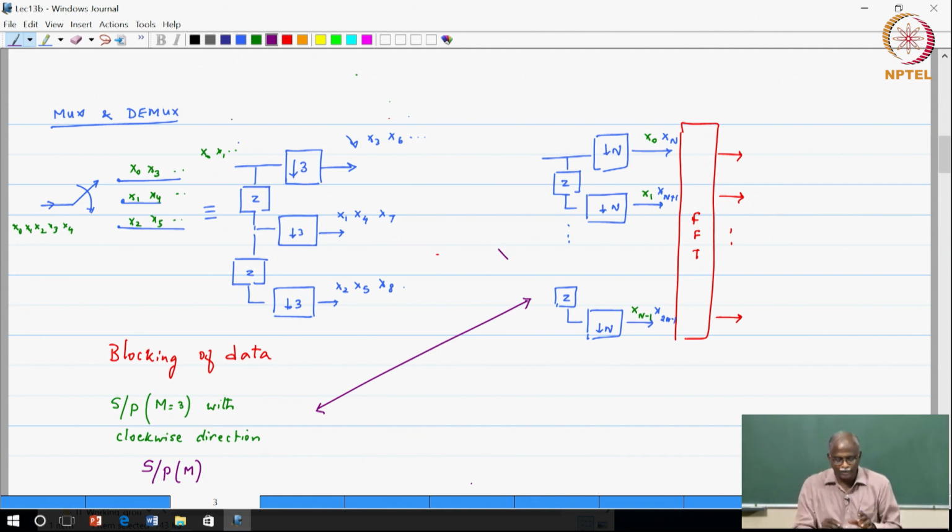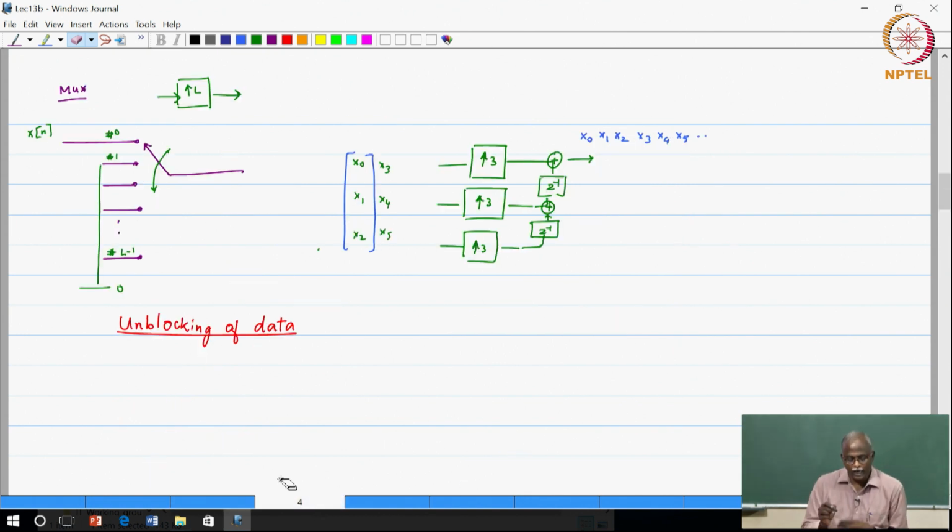You would do a multirate structure which is indicated in this manner, so that you can get the data samples being fed in appropriately in the form of blocks. Now, the counterpart, the upsampler, we said can be viewed as a multiplexing operation, where L minus 1 zero valued samples are being fed in, which is indicated in this one.